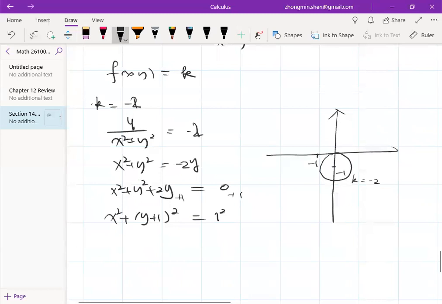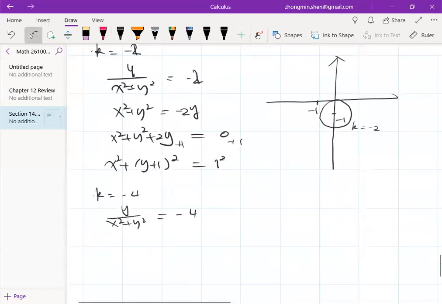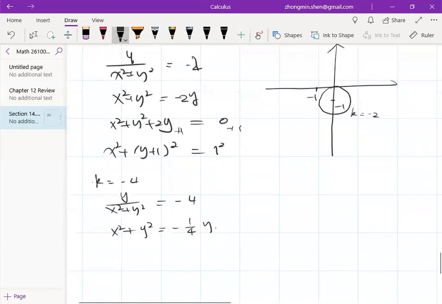Now, if k equals -4, you get y over x squared plus y squared equals -4, and then you get x squared plus y squared equals -1/4 y. So x squared plus y squared plus 1/4 y equals 0.